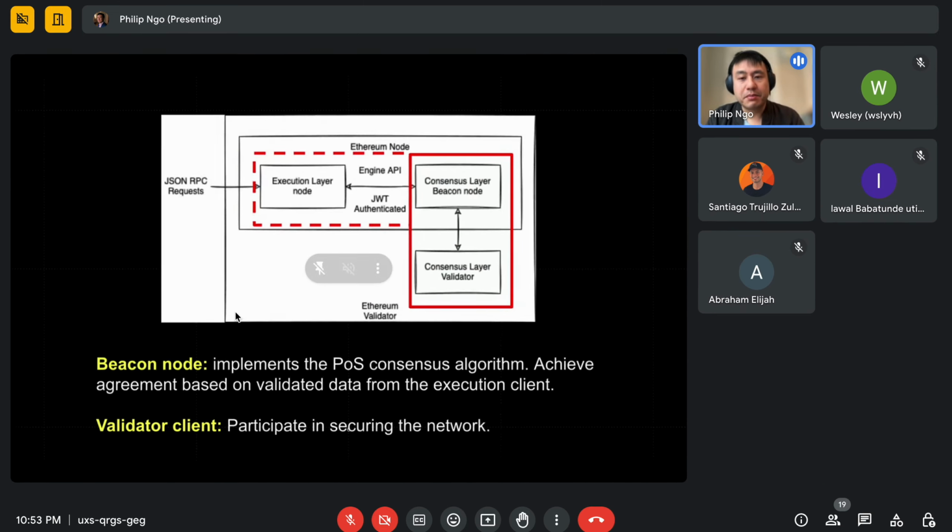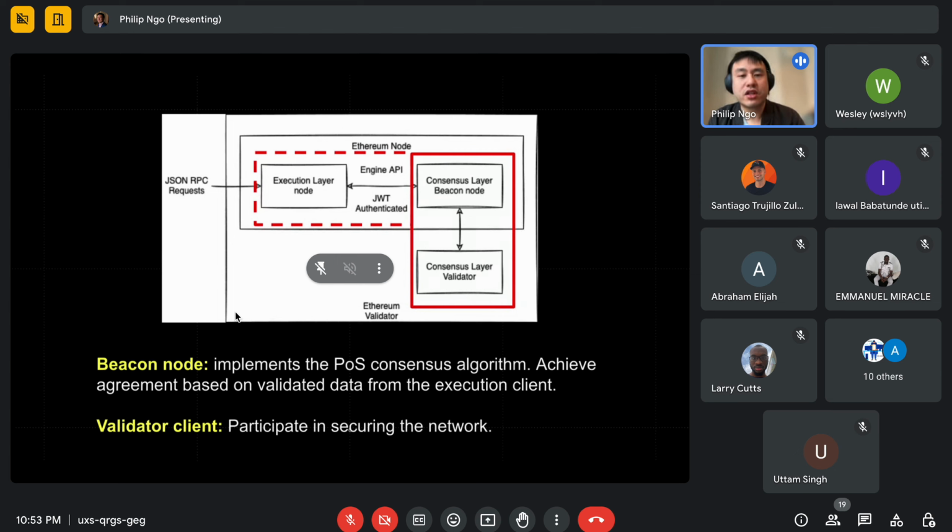So very simply, we have an execution layer node, which you may have heard of, called Geth or Nethermind or Besu. And then we have consensus layer beacon nodes, one of them being Lodestar, but you may have heard of things like Prysm or Lighthouse as well. And together, these are linked together by an engine API, which allows an Ethereum node to basically function.